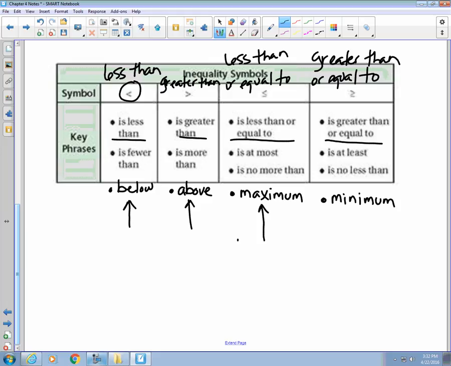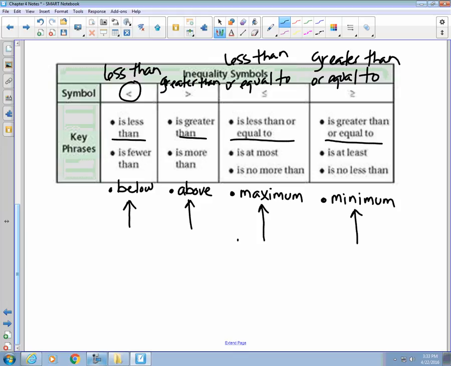And then is greater than or equal to could also be expressed as is at least, is no less than, or as a minimum. A minimum is the lowest it can be. A maximum is the most it can be.